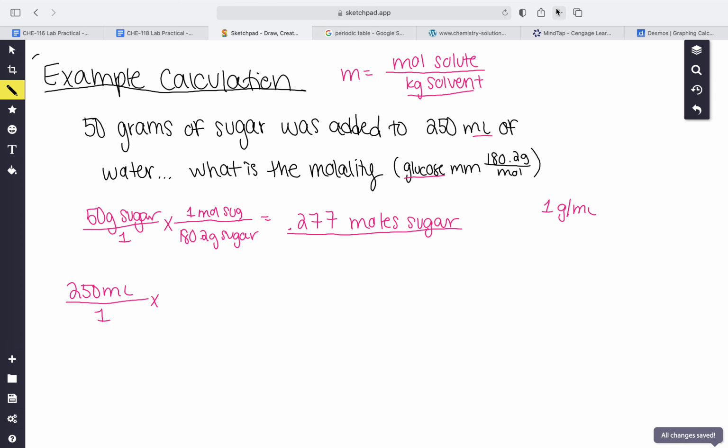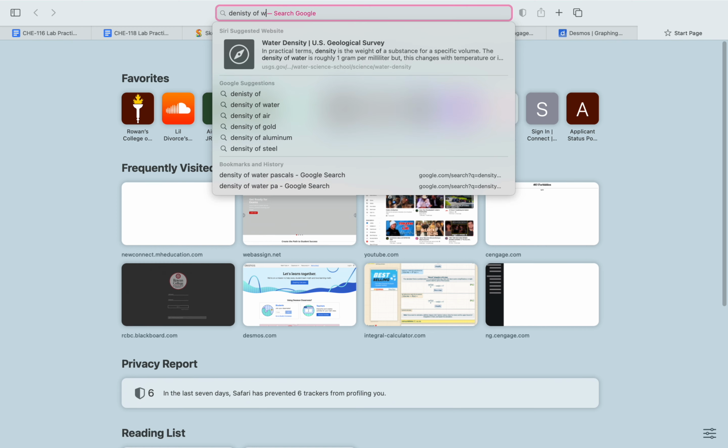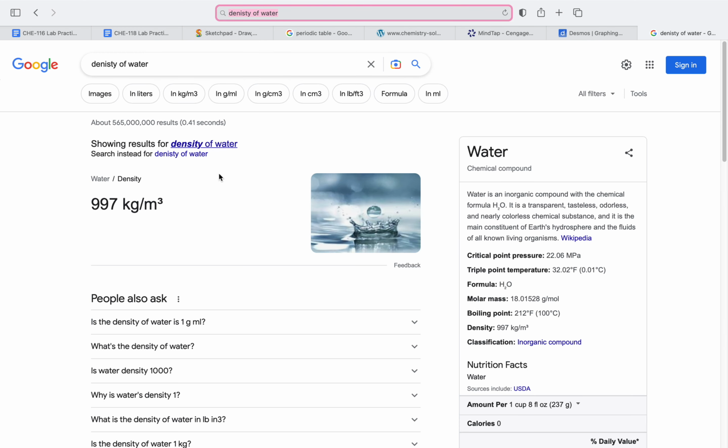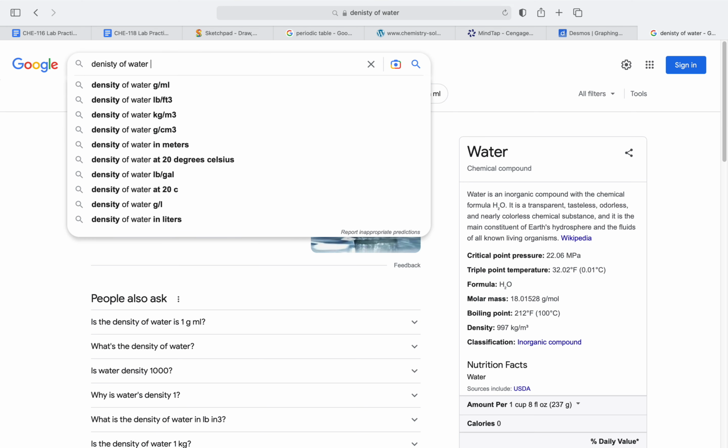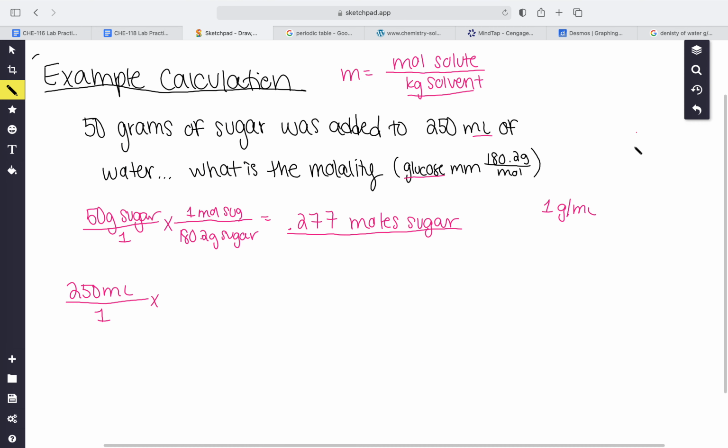Let me just look that up. Density of water, because we're going to need the density for this. Density of water is about 1 gram per milliliter. Okay, cool. So I'm actually going to turn it into grams first, and then we'll do the rest of the conversion there. Okay, so in 1 milliliter, there's 1 gram of H2O.